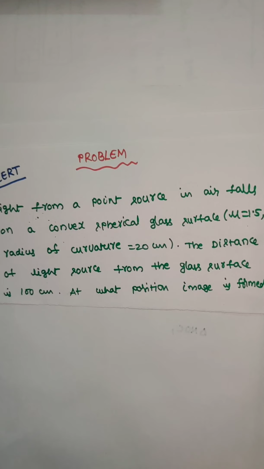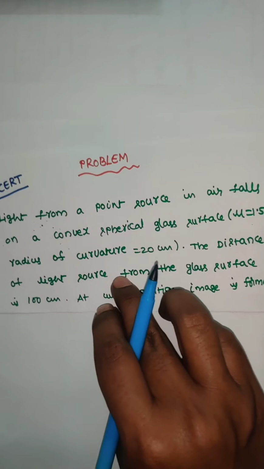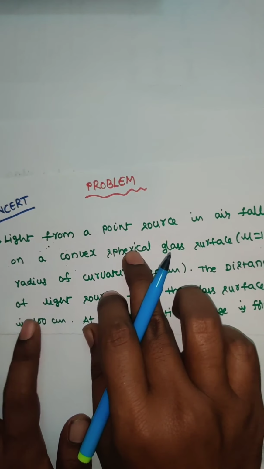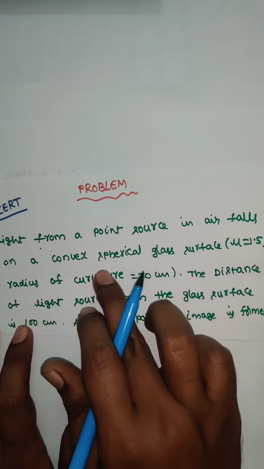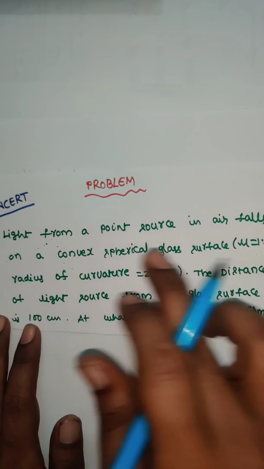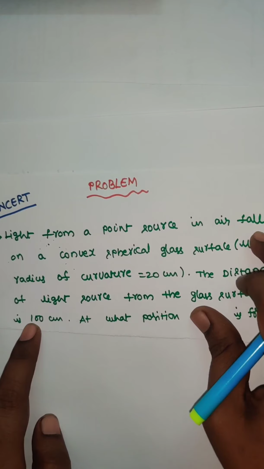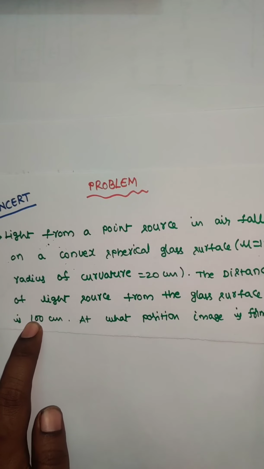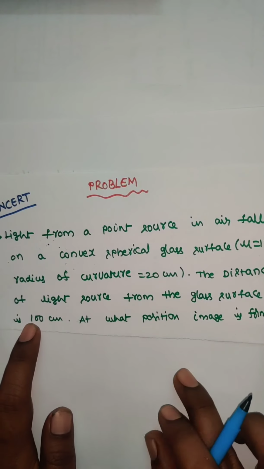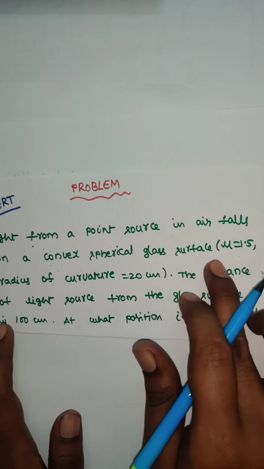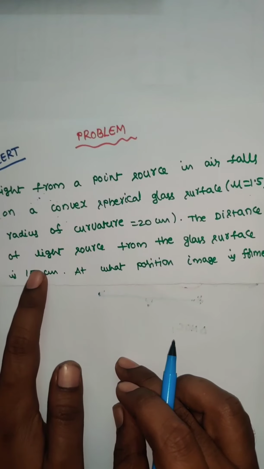Now I am going to discuss one example problem based on the same concept. Here you can see one problem from the NCERT. Light from a point source in air falls on a convex spherical glass surface. So the object is placed in a rarer medium, on a convex spherical glass surface of mu equal to 1.5.